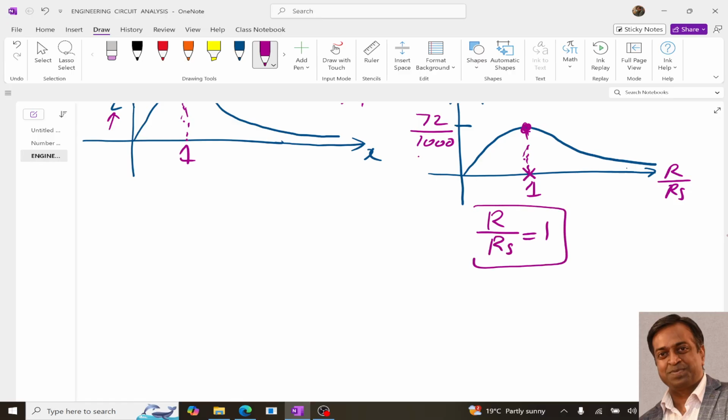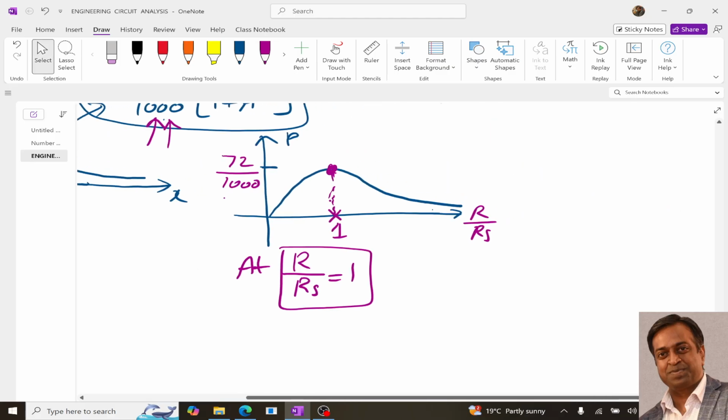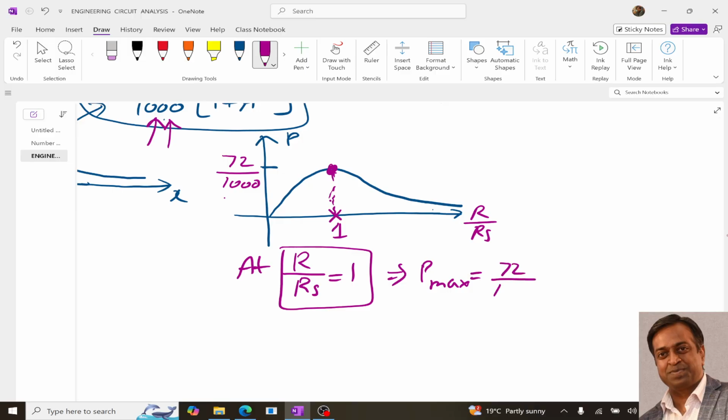So at R by RS equal to 1, we have the maximum power P max, which is equal to 72 upon 1000 watt, right? This is what we get from the graph.